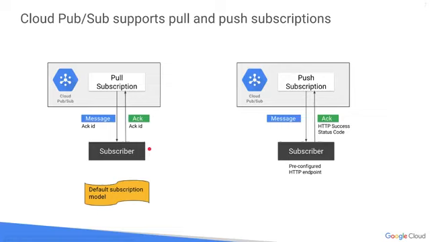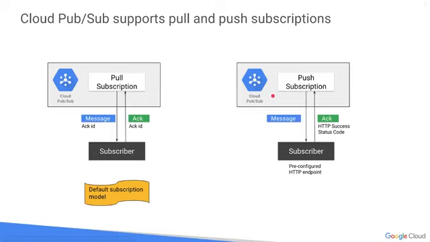To process messages rapidly, multiple subscribers can pull from the same subscription. The pull subscription model enables batch delivery and acknowledgements, as well as massively parallel consumption. Use the pull subscription model when you need to process a very large volume of messages with high throughput.